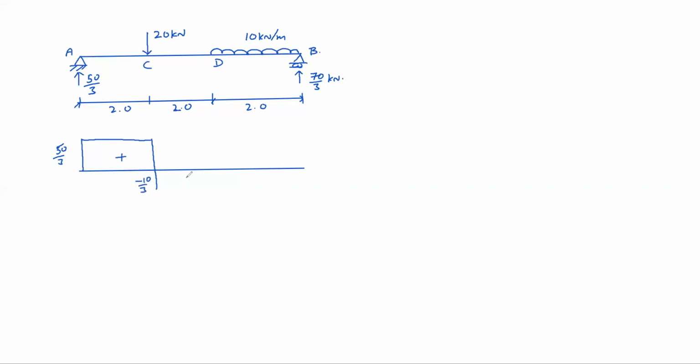Is it minus 10 by 3? Yeah. Then horizontal. Then the 20 gradually goes down like this. 20 down means minus 70 by 3. Then it is positive plus 70 by 3. So negative, negative. So this is the SFD, shear force diagram. Okay. Clear?